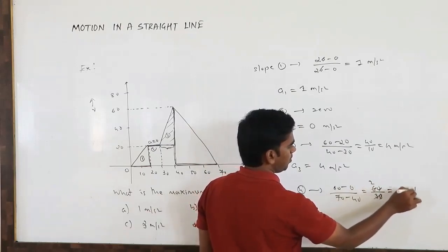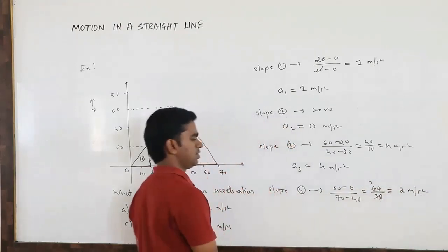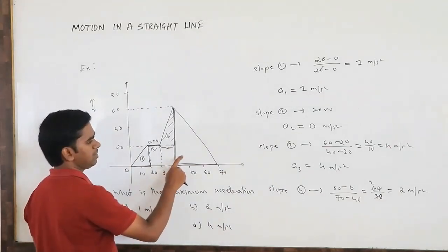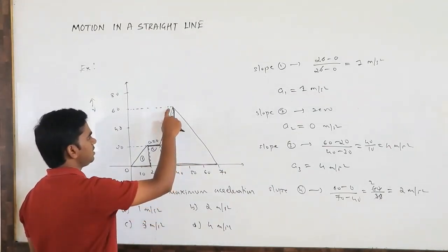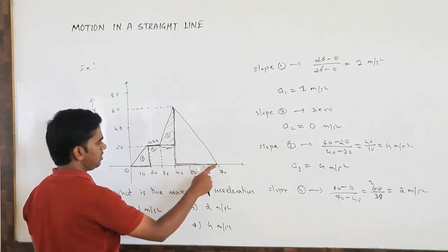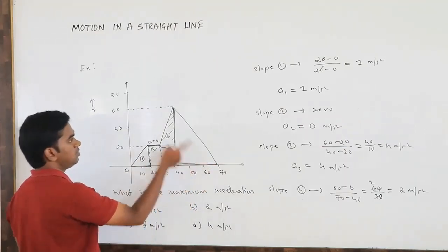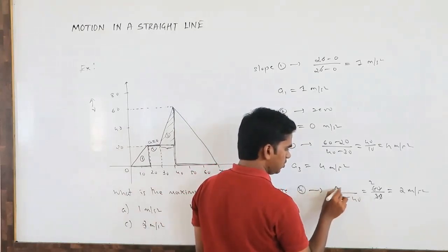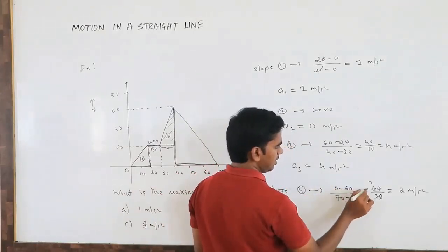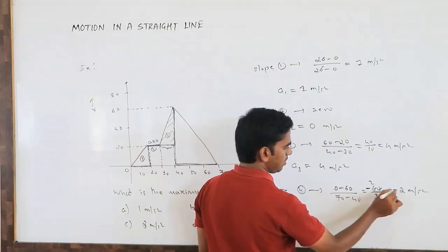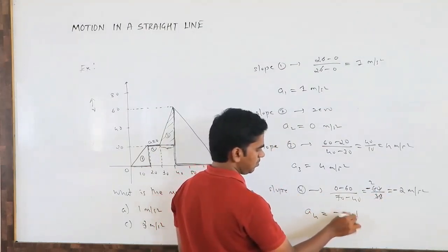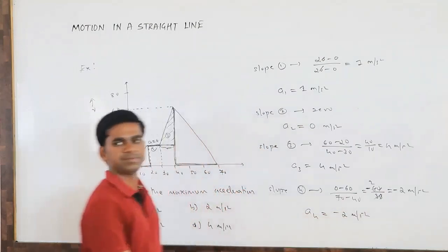So 2 meter per second square. Okay. But while calculating, what will happen? This is what 60. What is your V2? V2 is going to be 0. It is 0 minus 60. So that we should take care. That is 0 minus 60. It will become what? Minus 60. So this will become minus 2 meter per second square. So A4 is what? Minus 2 meter per second square.